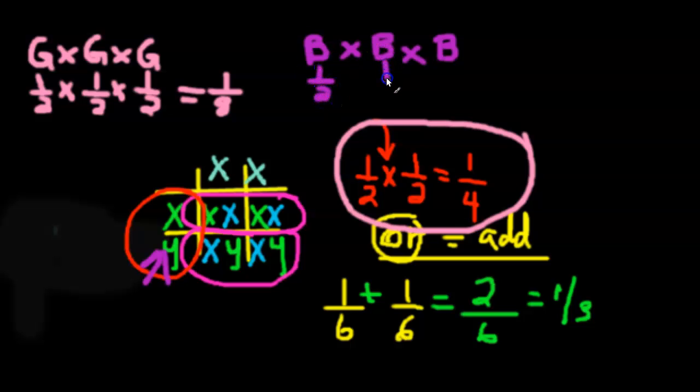Second one being a boy is a half. Third one being a boy is a half. Product rule, multiply these. So the chances of having 3 children, them all being boys, 1 times 1 times 1, 2 times 2 times 2, make sure you don't add, 8.